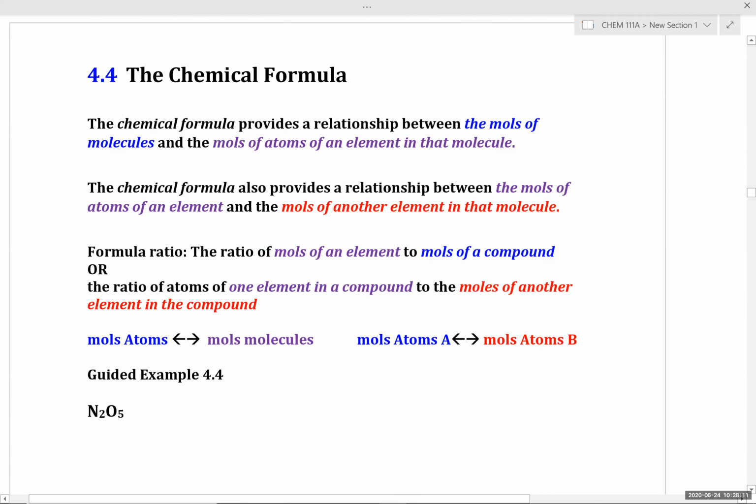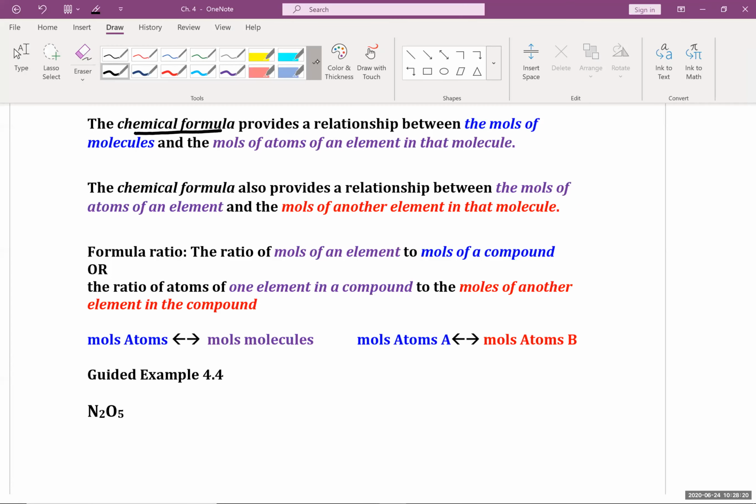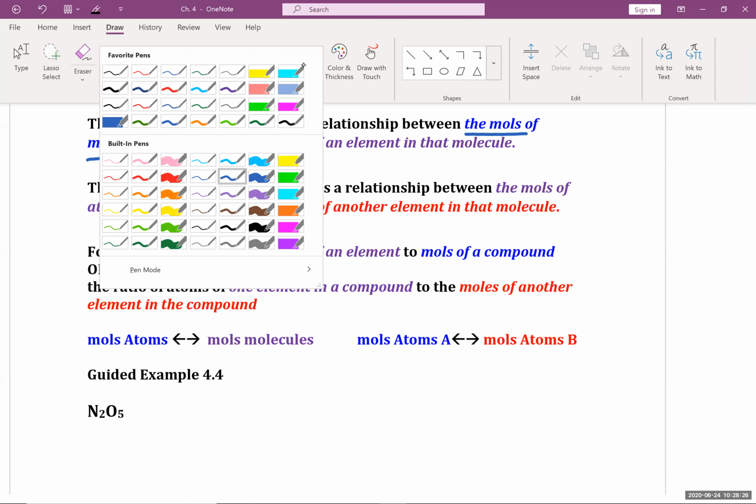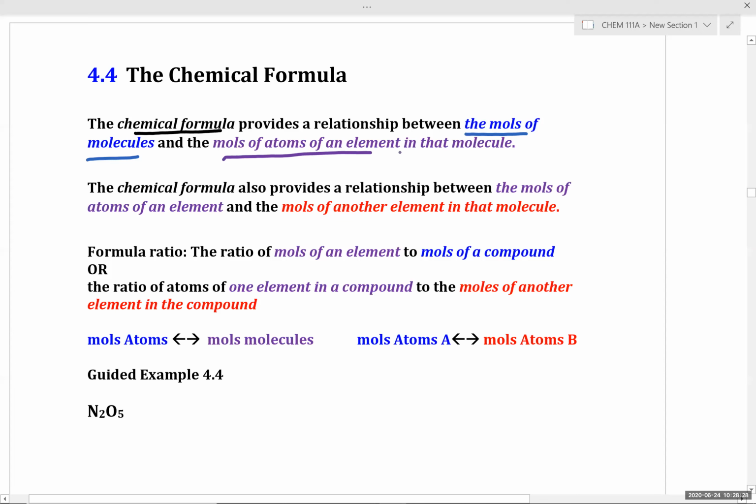The next major idea that we're going to introduce is the chemical formula. The chemical formula provides us a pretty interesting relationship between the moles of molecules and the moles of atoms of an element in that molecule. So the chemical formula provides us a way to go from molecules to atoms. And that's not all.